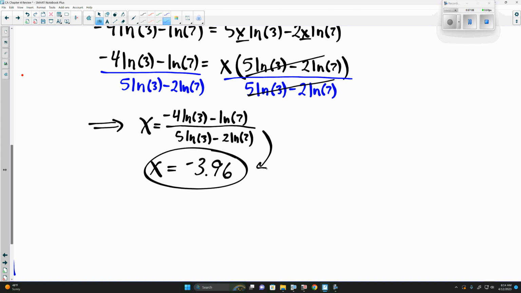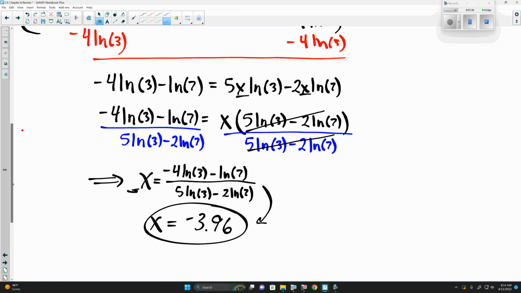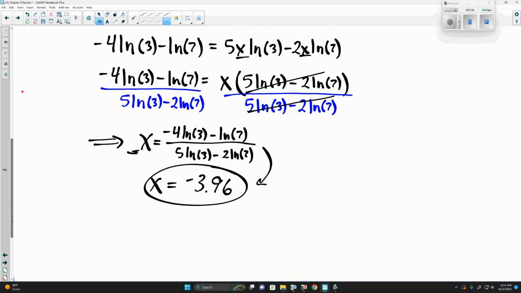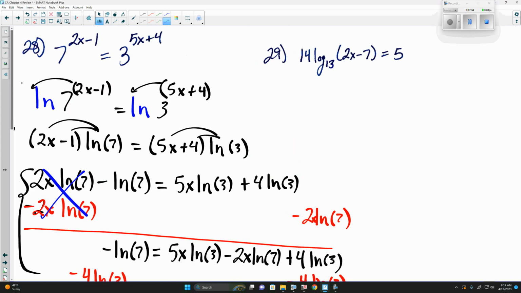It's did you plug it in correctly, or did something, a sign error or something occur that the calculator didn't throw a fit about. So I will check this next if the number is not exactly matching up. Okay? So that should give you a little bit of relief, because getting at least to there, getting x by itself, will give you the correct answer just in case a calculation error occurs.